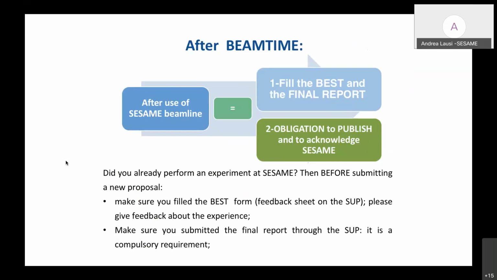Failing to fill the report will not allow you to submit a new proposal for the next call. Failing to publish, not obviously, because a publication can take much longer than the interval of time between 2 proposals.